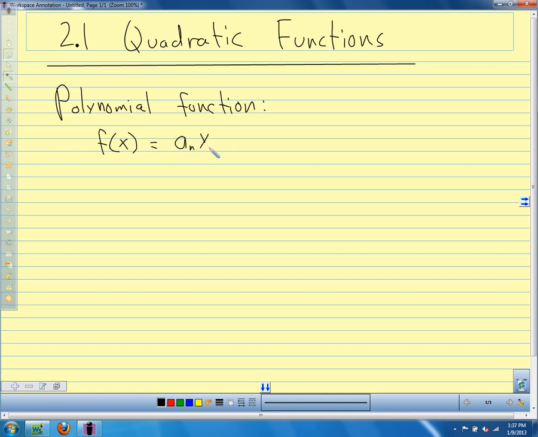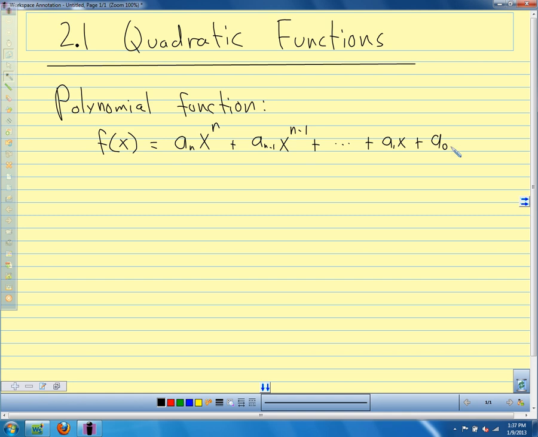and we're going to make it very general, so we can write it this way. So the a sub n, a sub n minus 1, those are just our coefficients.